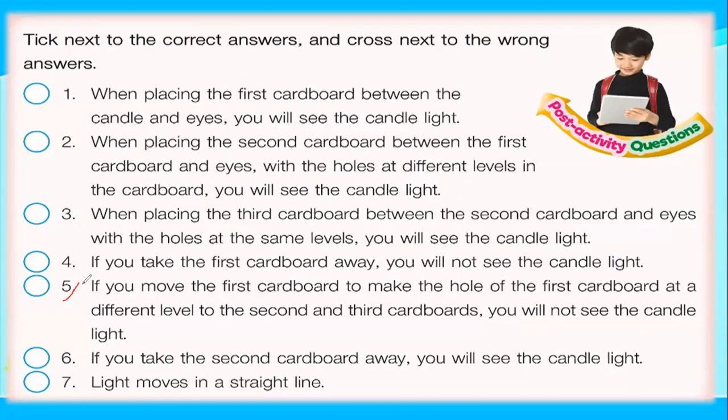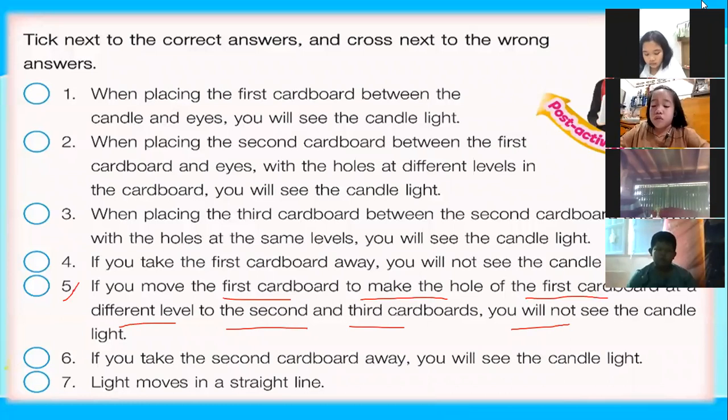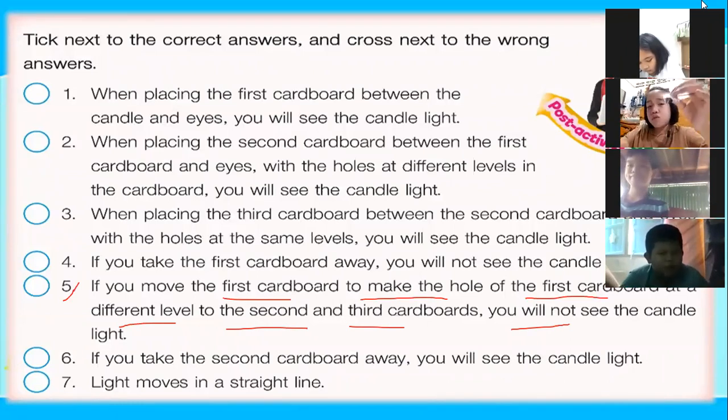Okay, now number 5: if you move the first cardboard to make the hole of the first cardboard at a different level to the second and third, you will see the candle light. Is it true or wrong? Students, if you move it so the holes are at different levels, you will not see.